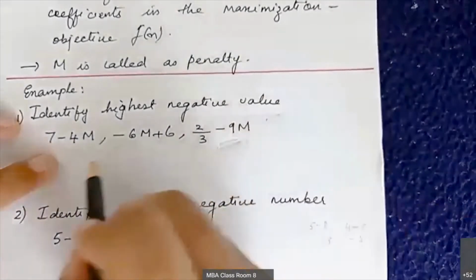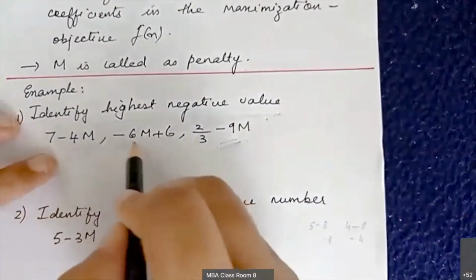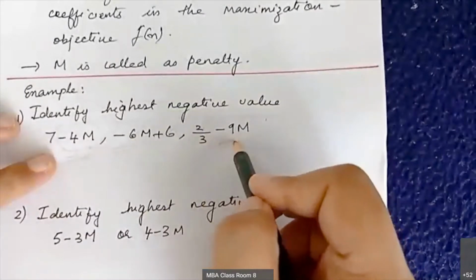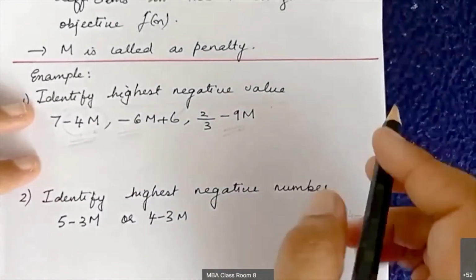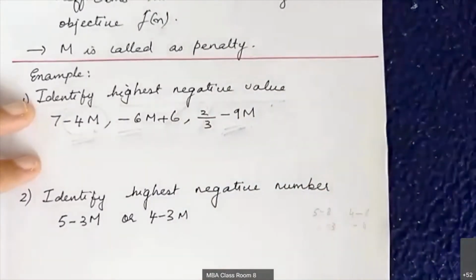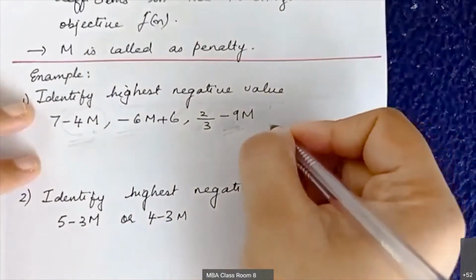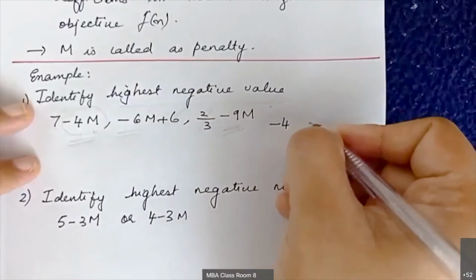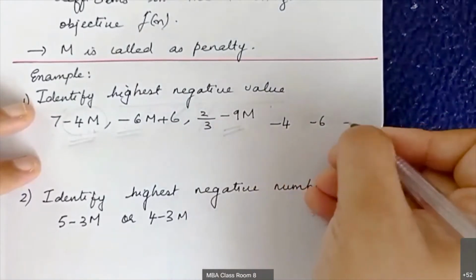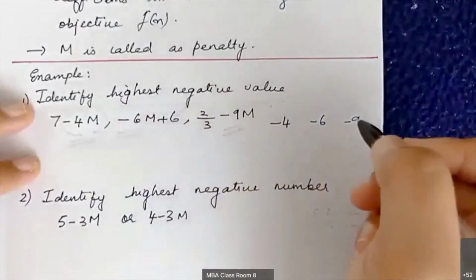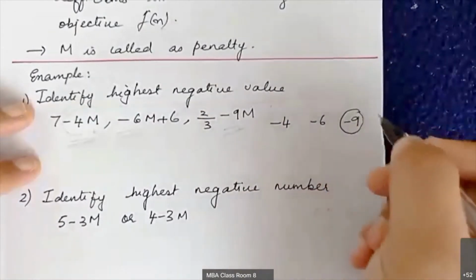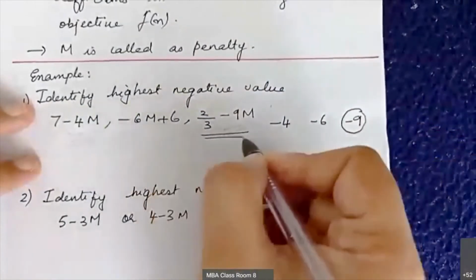Okay, so when you're comparing minus 4, minus 6, and minus 9, which will be the highest negative value? Very good. The highest negative value compared to all these three values is minus 9. So that is corresponding to the last number here.